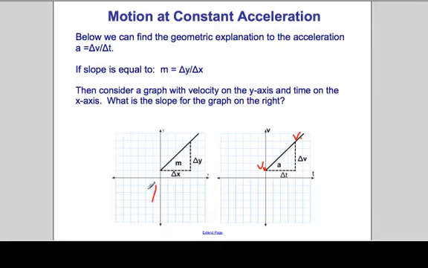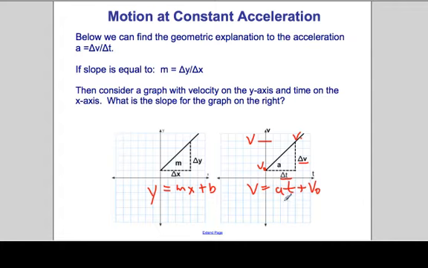We know that y equals mx plus b. And we know that the y value, the final speed, which is the final y value, we'll call that v, is equal to the slope of this, which is the rise over the run, the delta v per delta t, which is the acceleration, times the x variable, the time, plus the initial speed.